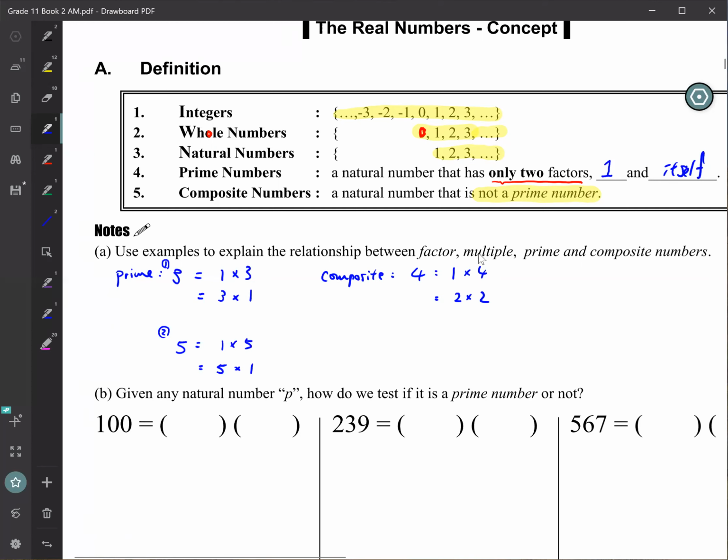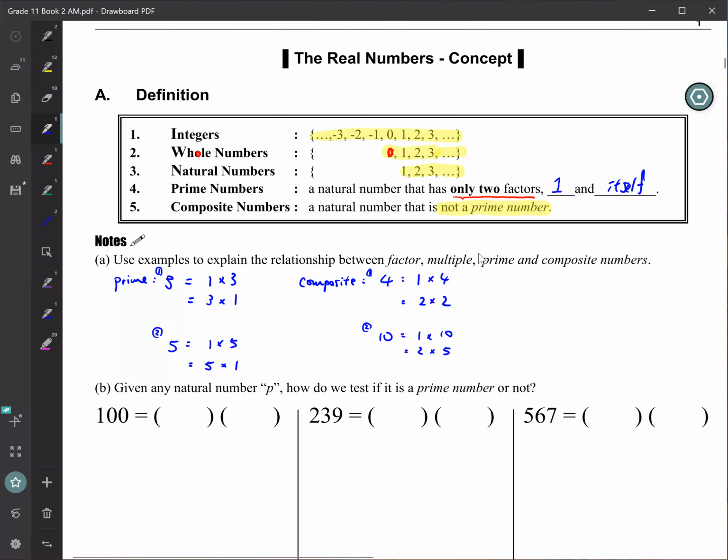Instead of just 1 and 4, it can be made up by 2 and 2. Another example would be like 10. 10 can be 1 times 10, 2 times 5, and that's all. So these are composite numbers.